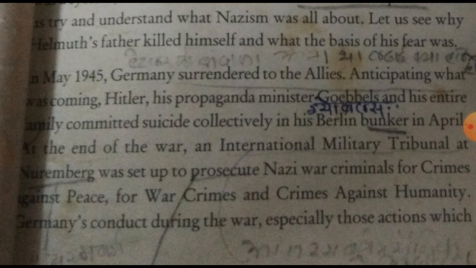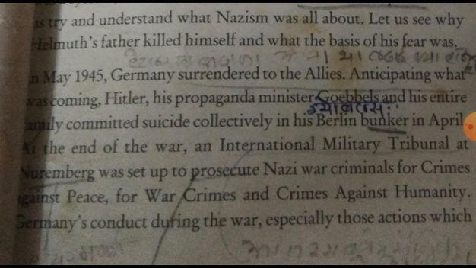the International Military Tribunal at Nuremberg was set up to prosecute. प्रॉसिक्यूट के लिए क्या सेटअप हुआ था, इंटरनेशनल मिलिट्री ट्रिब्यूनल, where that was in Nuremberg. For what purpose? Nazis were criminals.